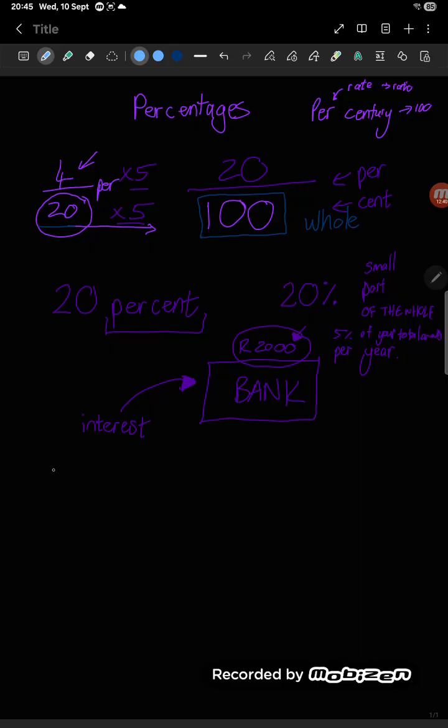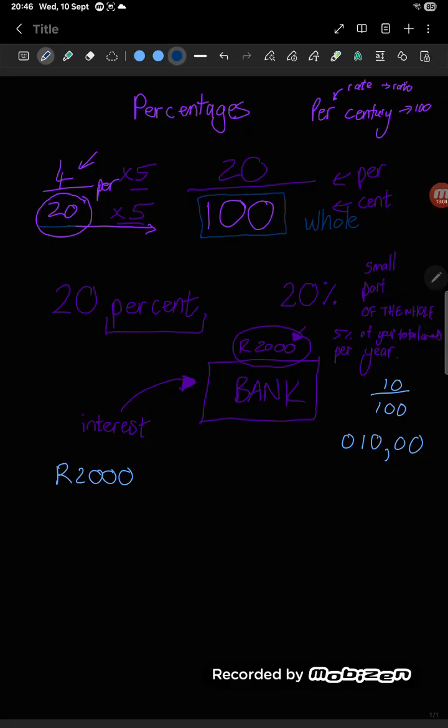Well, in my mind, I go, well, what's 10% of 2,000? So 10%. Now, 10 over 100 is 10 divided by 100. What is 10 divided by 100? It is 0,10. And we'll put some zeros there as well.